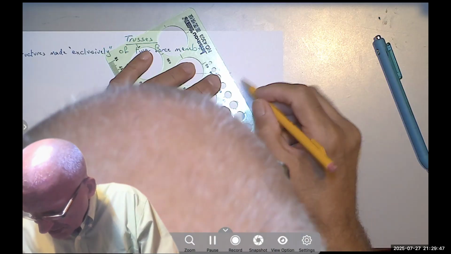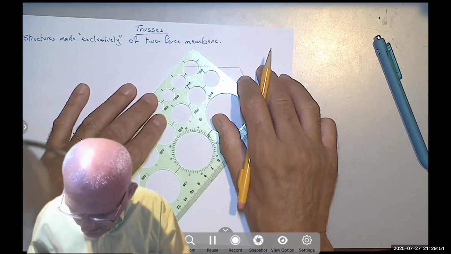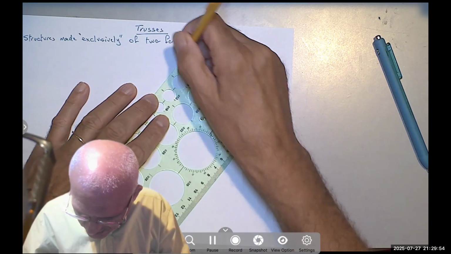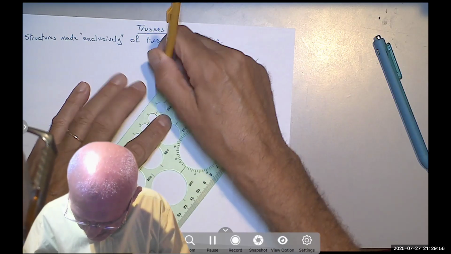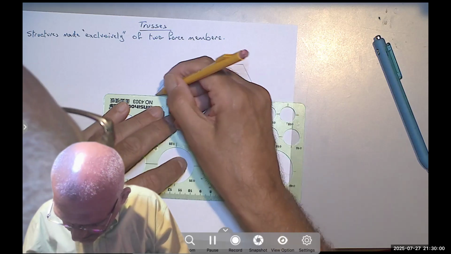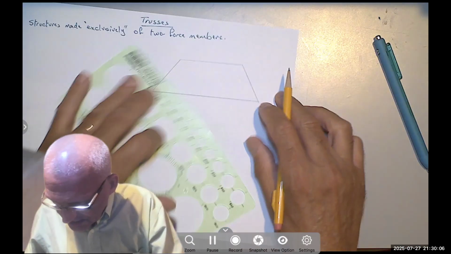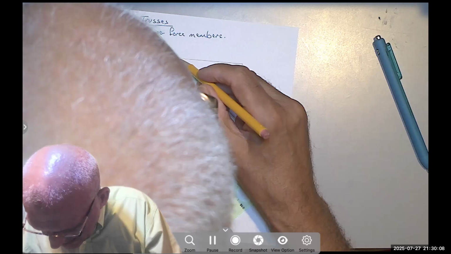Okay, so the truss would look something like that. You just draw one, not to scale, not anything, and maybe I will have several bays. So maybe I will have a member like that.